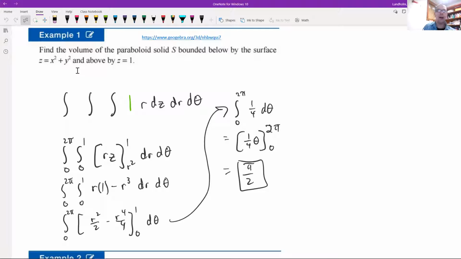So this one means that z is equal to r squared. And so now we have the lower bound described as a function of r and theta, in this case just r squared. So r squared goes down there. Then above, by z equals 1, 1 is going to go up here.